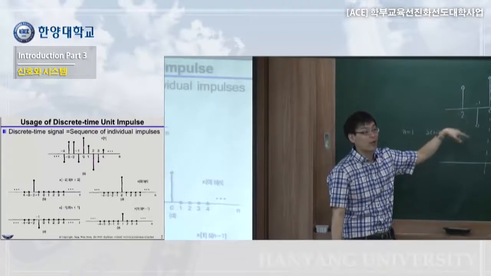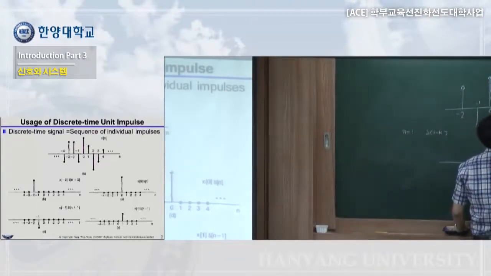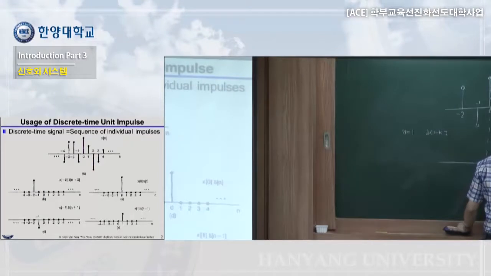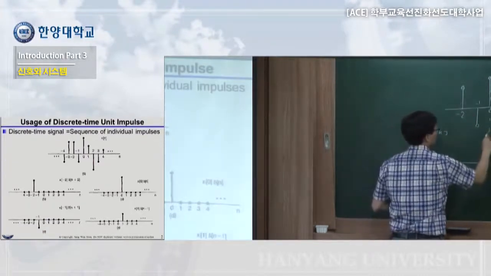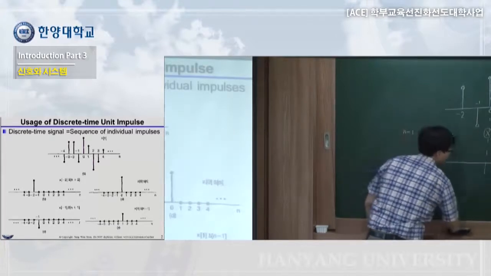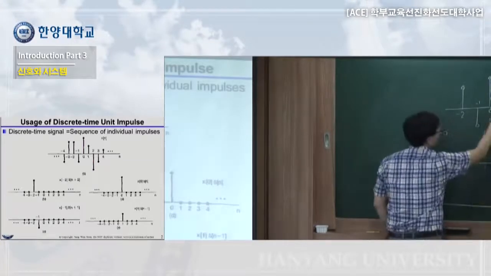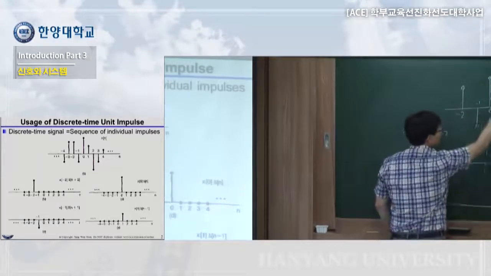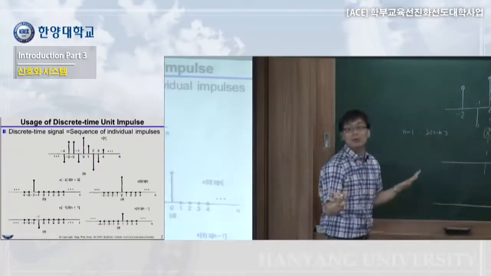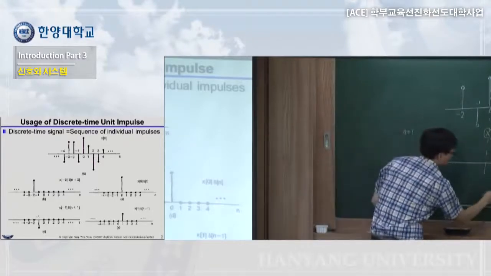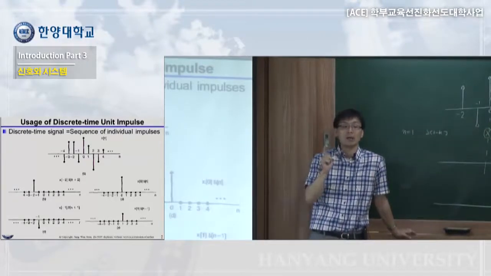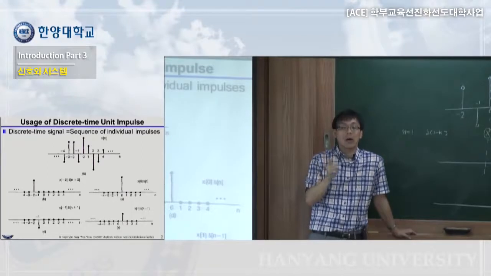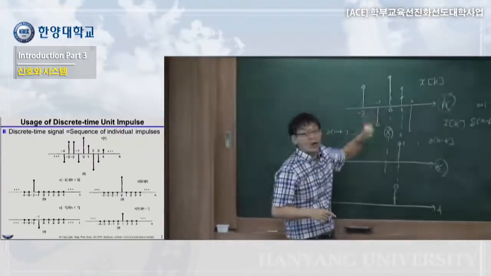If we multiply them together, x k times delta n minus k, currently n is 1, what happens? This one times 1, right? The other is 0. So we will have the same amplitude of x k when k is 1. So now we are picking up this point. Other than that is 0.